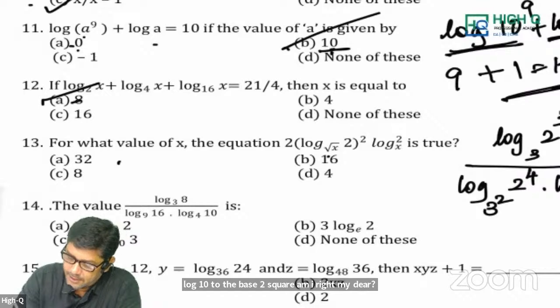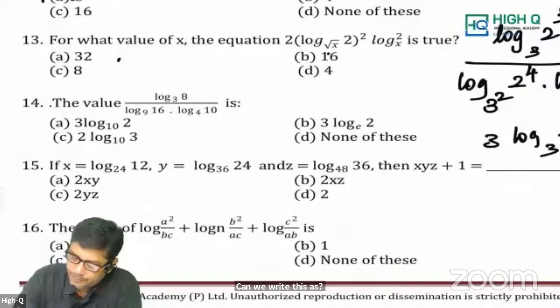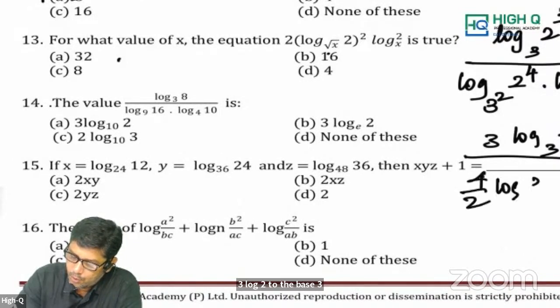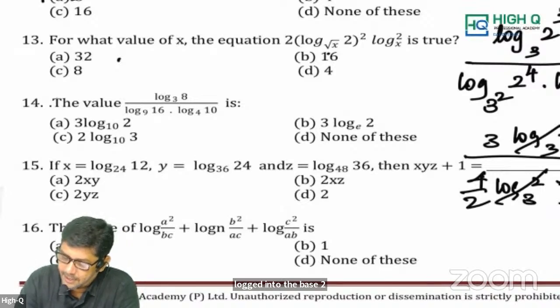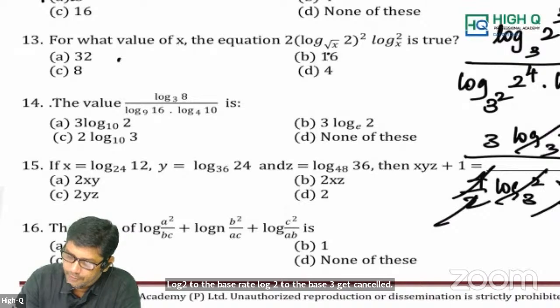Can we write this as 3 log 2 to the base 3 divided by 4 by 2 log 2 to the base 3, then 1 by 2 log 10 to the base 2. Log 2 to the base 3, log 2 to the base 3 get cancelled. Am I right, my dear? 2 2s are 4 get cancelled.